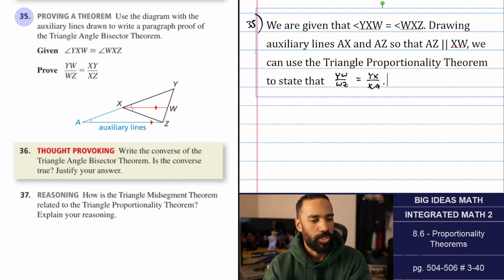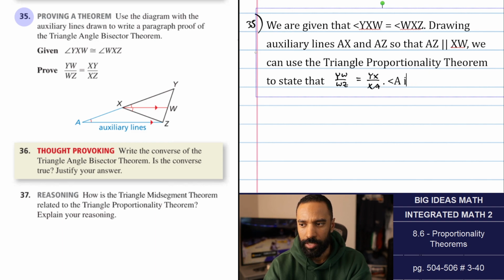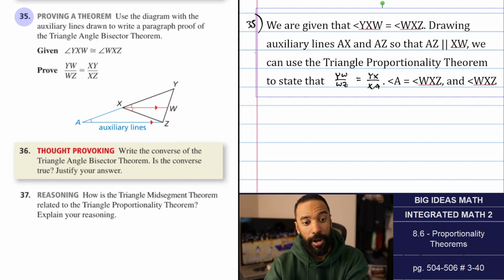Okay, so angle A is congruent to angle WXZ, because that's like a given, and, well, sort of, it's marked as such. They're parallel lines, so that works.